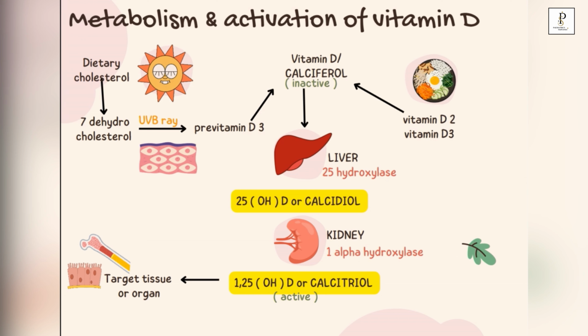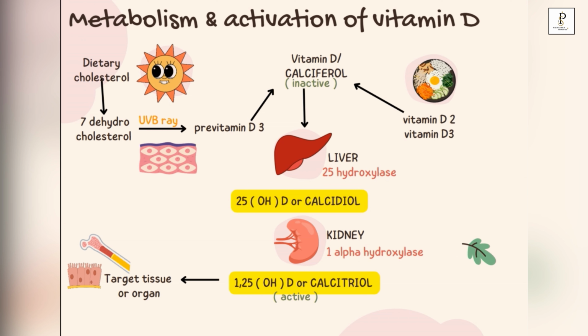Now what about diet? In the diet, both vitamin D2 and D3 are present. D2 or ergocalciferol is present in plant sources and fungal sources. D3 or cholecalciferol is present in animal sources of food. Now when this vitamin D or calciferol enters inside our body, it cannot function on its own because it is an inactive compound. It needs to be activated.